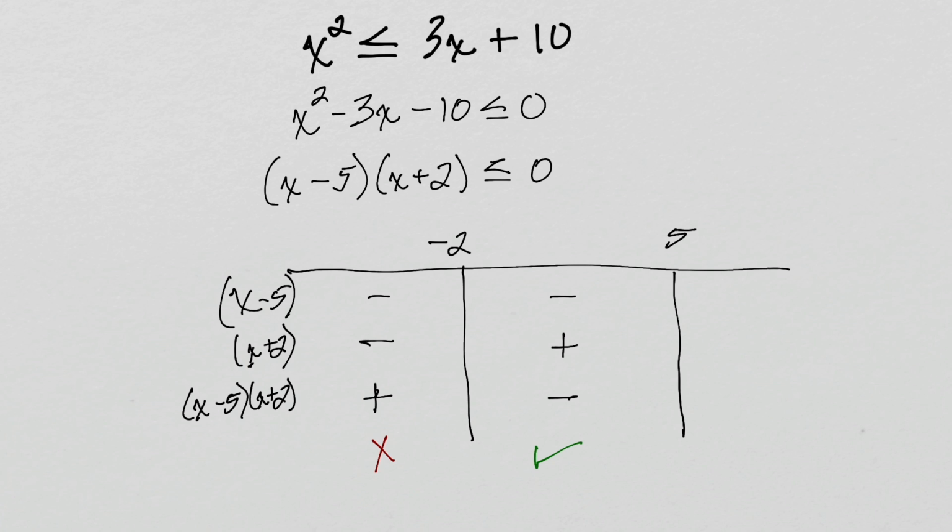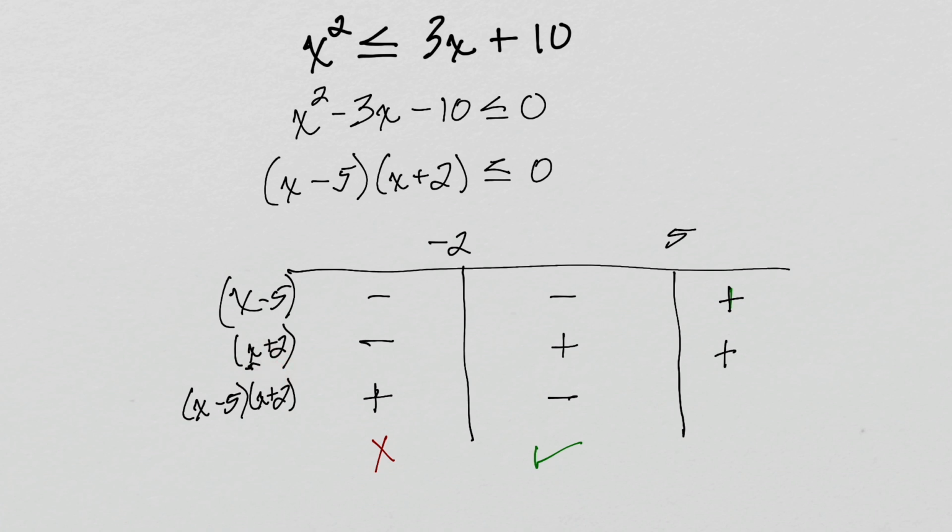The last thing we did before we did these graphically is we picked our favorite number greater than 5. So say it's 6. So 6 minus 5 is a positive 1. And 6 plus 2 is positive 8.